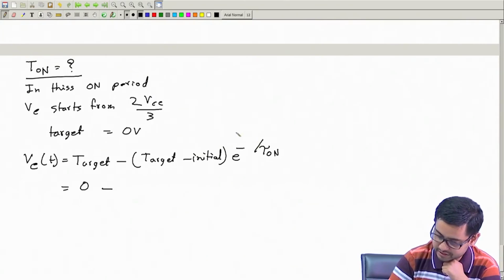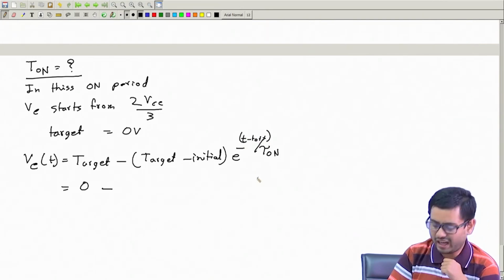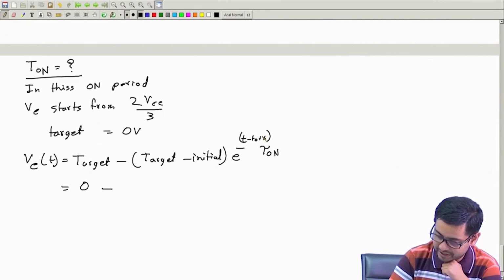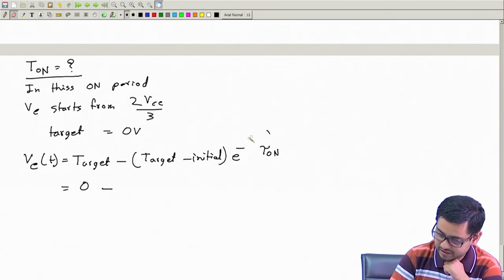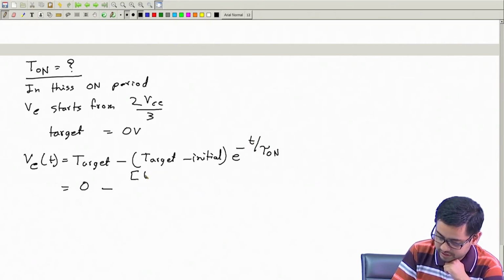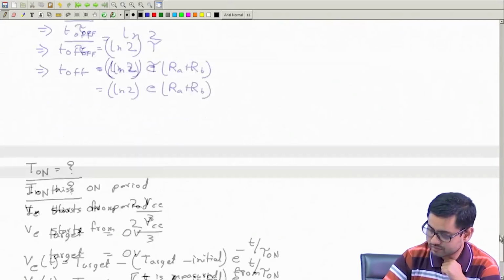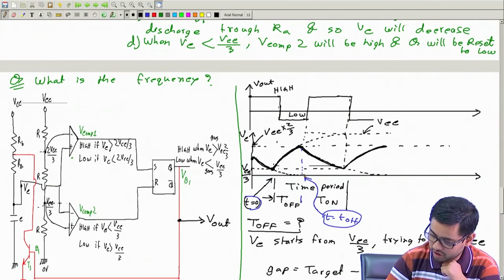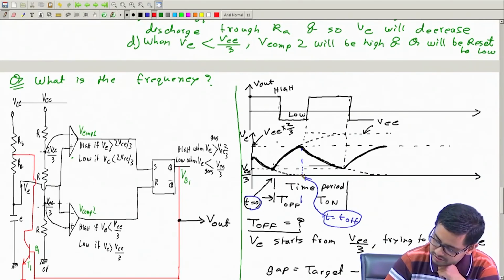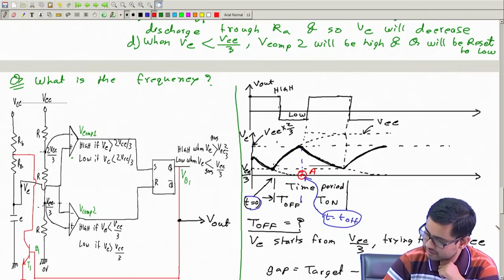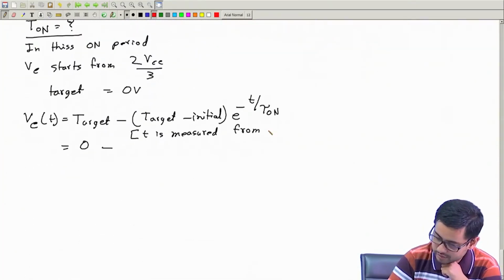So you can write this t minus t off, but I think this is complicated. Let me just write t only, this is simpler, and noting that t is measured from this point, call this A, from point A.